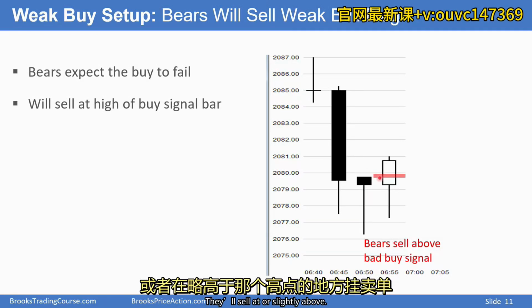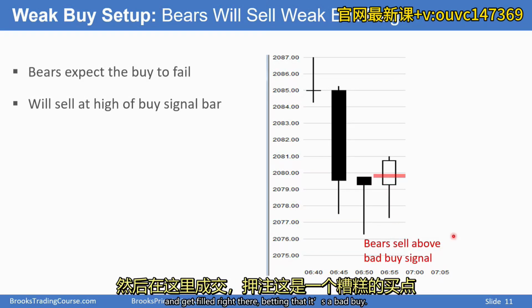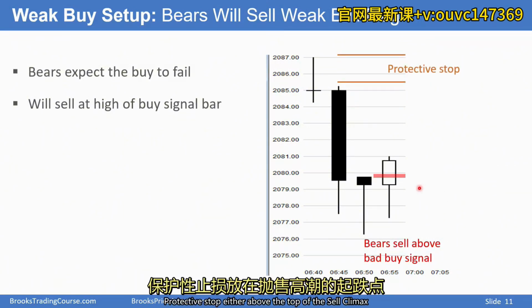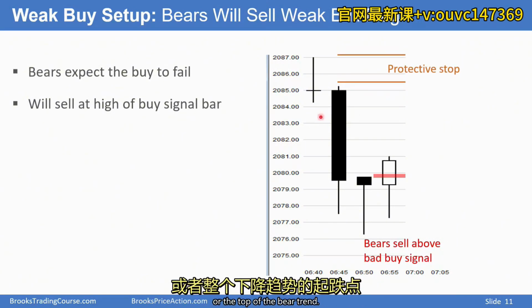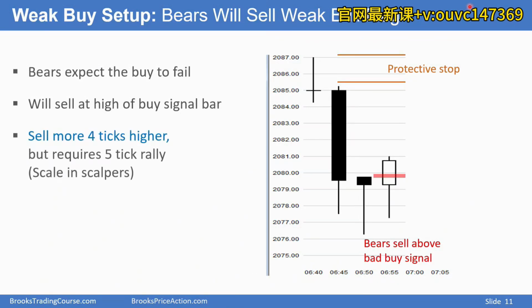They'll sell at or slightly above. A lot of times I'll just place a limit order at that high and get filled right there, betting that it's a bad buy. Protective stop, either above the top of the sell climax or the top of the bear trend. My stop is up here.